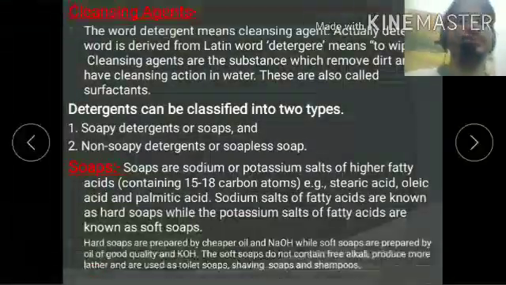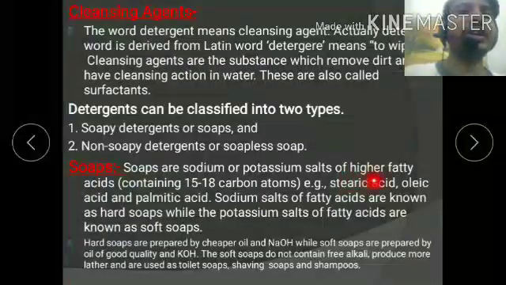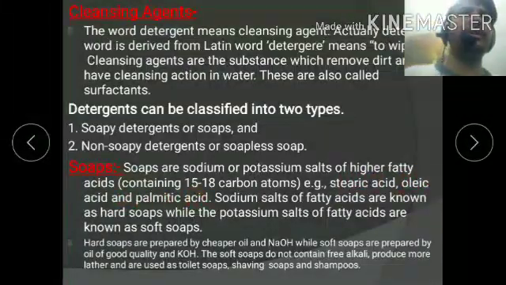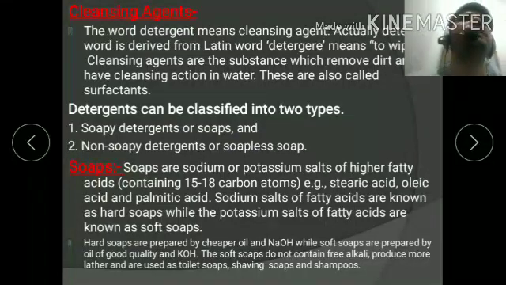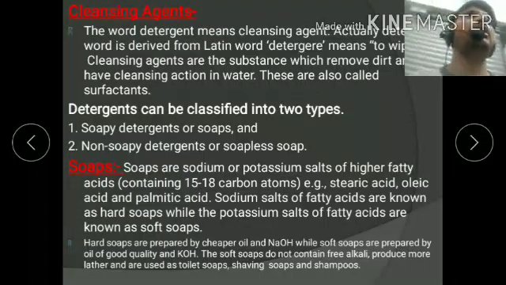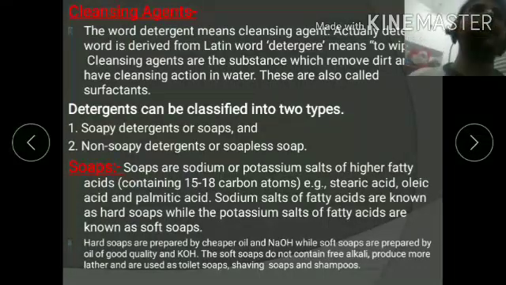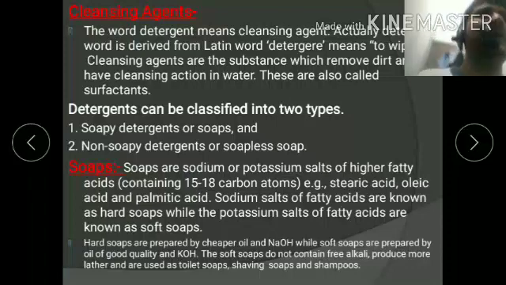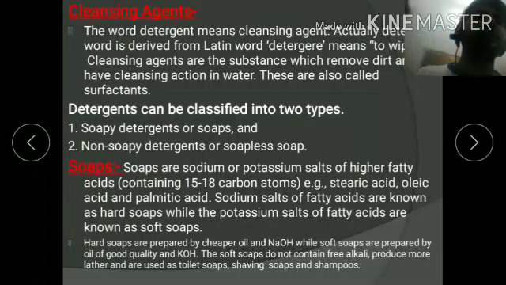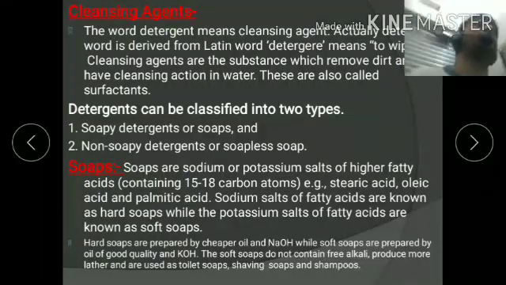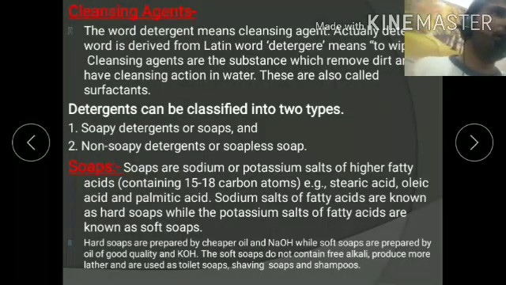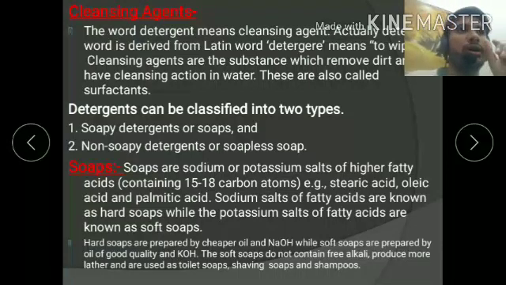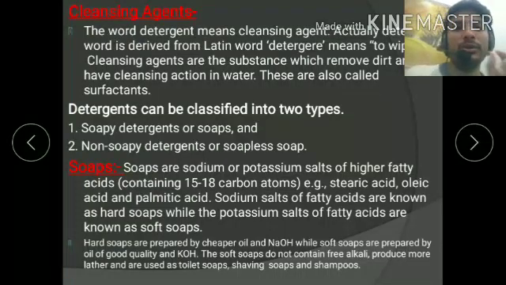The formula of stearic acid is C17H35COOH, oleic acid is C15H31COOH, and palmitic acid is C15H32COOH. These have the longest carbon chains. Soap is a mixture of the sodium salt or potassium salt of fatty acid.